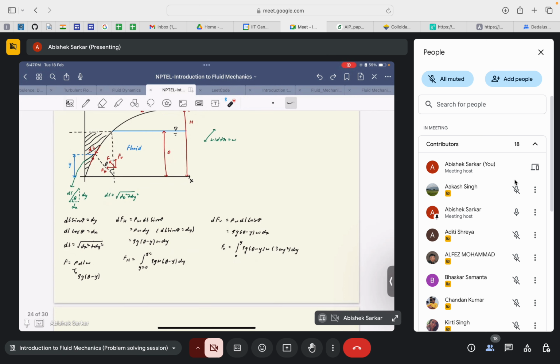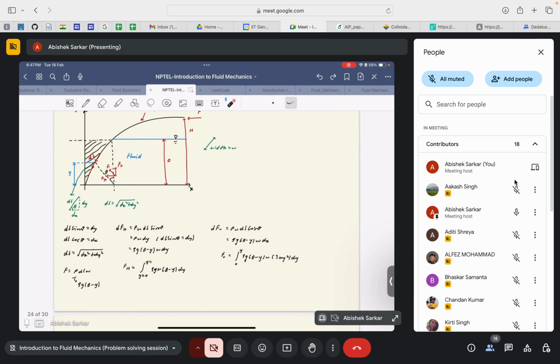So the net horizontal force that acts on this particular curved surface will be given by dFh, which is Pw into dl, that is the net elemental force times sin theta. Let me just dissociate the forces as well.